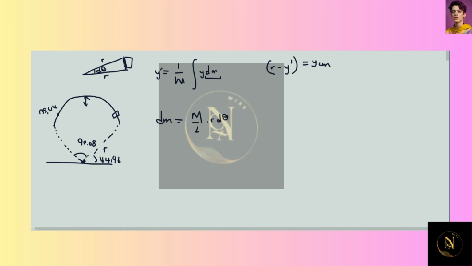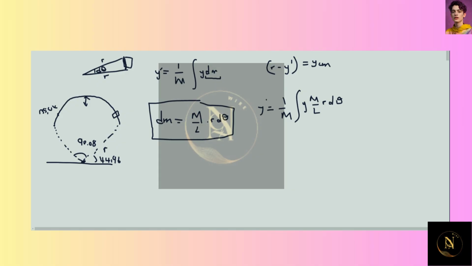So now we have a definition for our mass that's going to go in here. So now we have our equation that says y prime is equal to 1 over the total mass integral of y times m over L r d theta here.